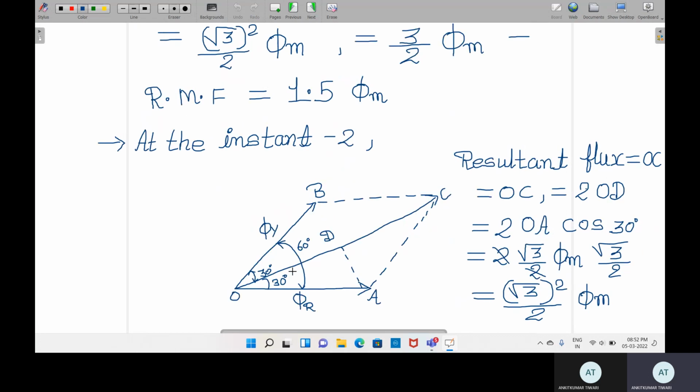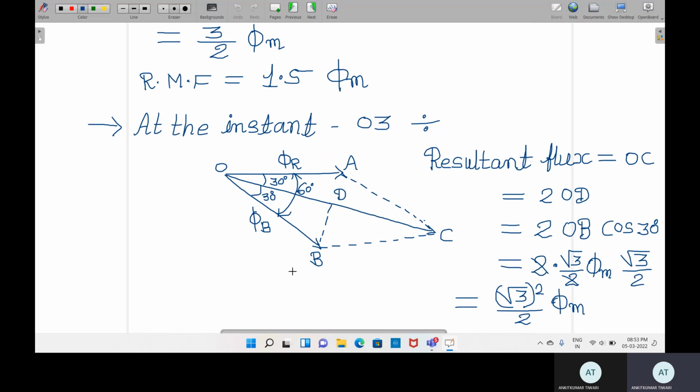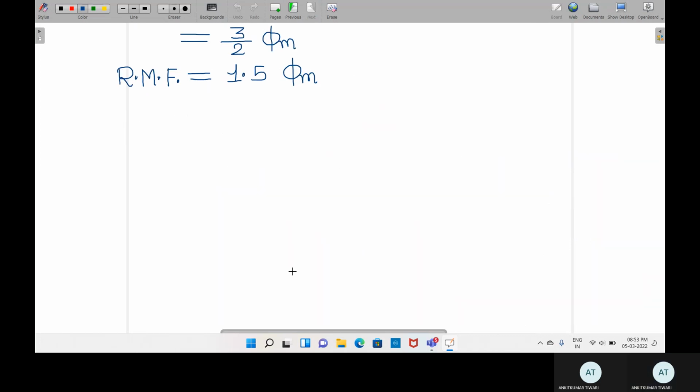Our resultant flux has again moved by 60 degree, and it is 1.5 times phi maximum.